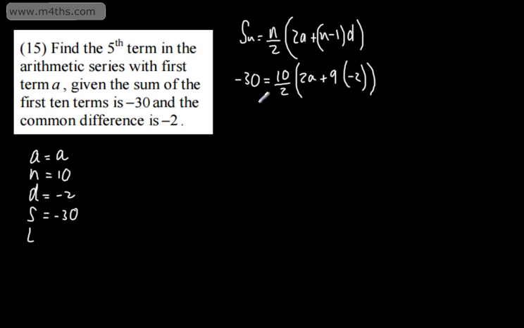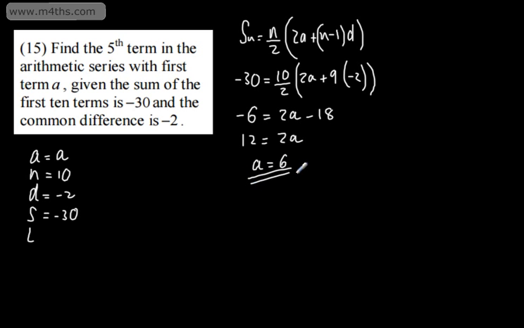That's going to give me 5, dividing both sides by 5, we've got negative 6 is equal to 2a minus 18. Adding 18 to both sides, 12 is equal to 2a, and we can see that a is equal to 6.